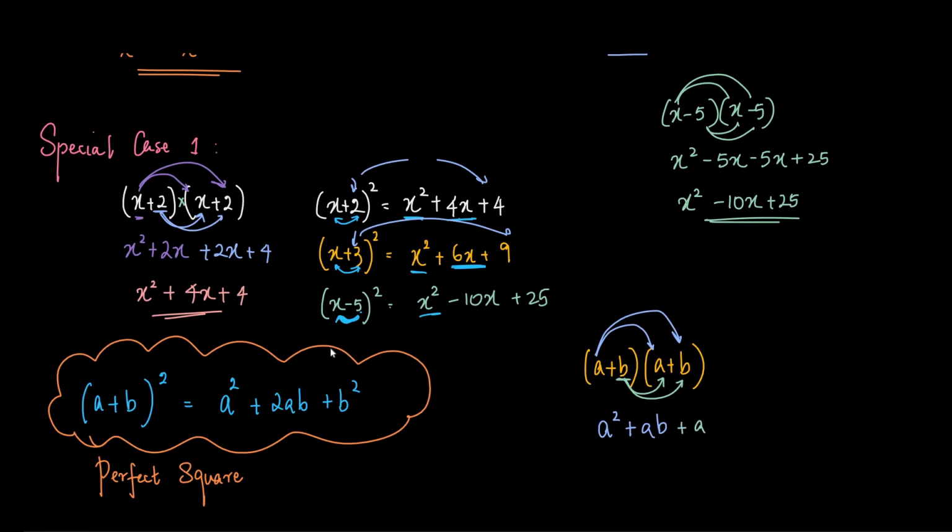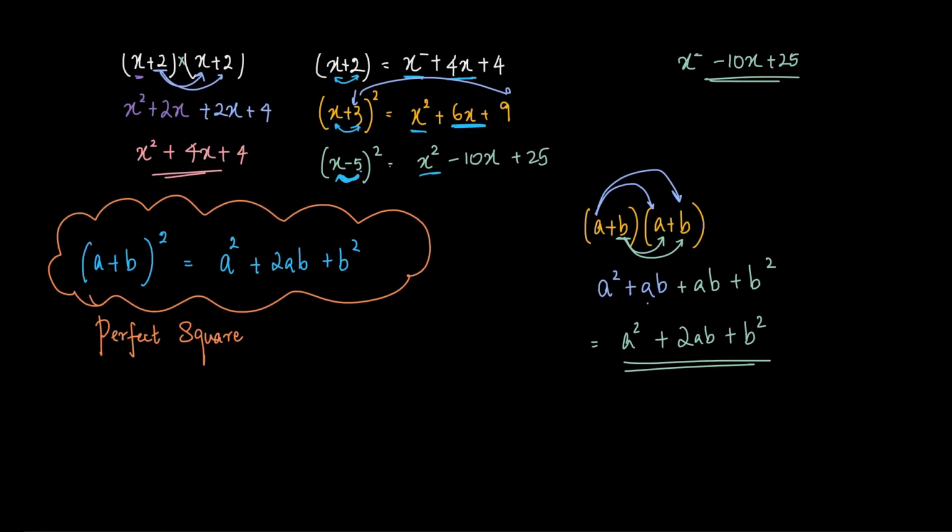It's just multiplication, you can write either way. And then b times b is b squared. So at the end, what you have is a squared, ab plus ab can be written as 2ab, as they are like terms, and then b squared. We can also say if it is a minus b whole thing squared, we can write that as a squared minus 2ab plus b squared.